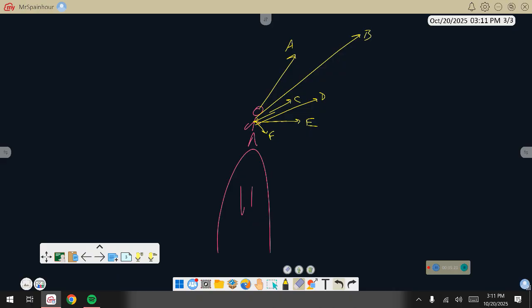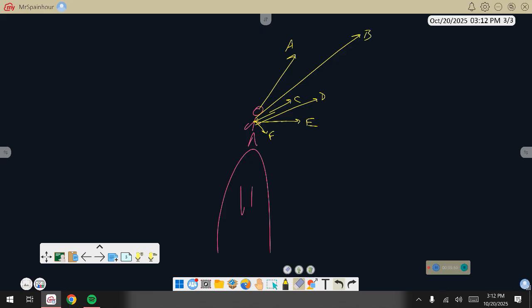Which two vectors do hit the ground at the same time? C and D. Why? Because Y. So if you're not seeing it, probably what you're trying to do is leave them as the arrows that they are. The way you have to look at this is you have to look at their components. The reason why A will hit the ground after D is because of this component right here.